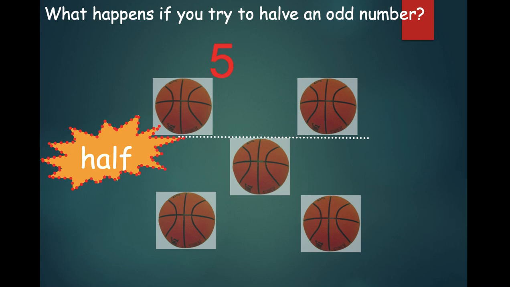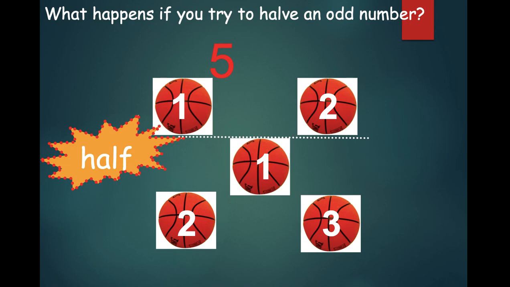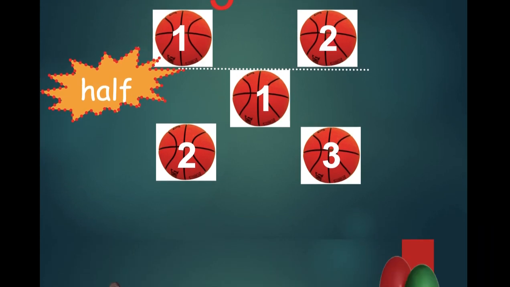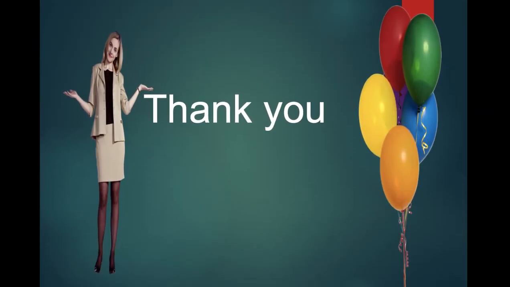So we have more on one side and less on the other side. We have not divided them equally, right? 1, 2 on one side, 1, 2, 3 on the other side. So it's really difficult to divide the odd numbers without remainders.